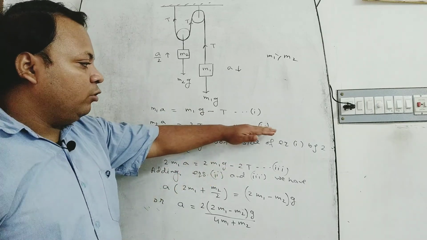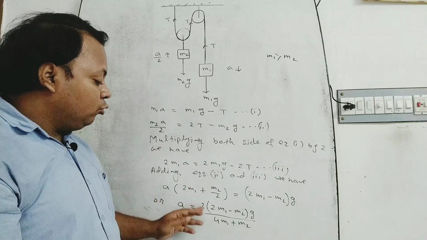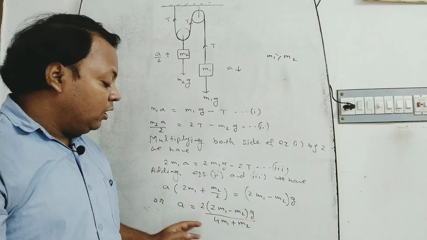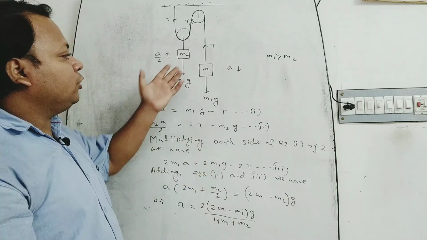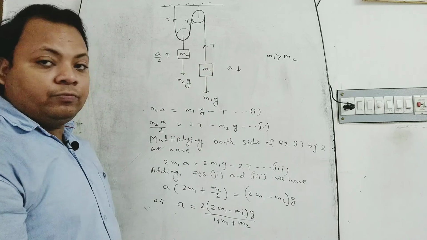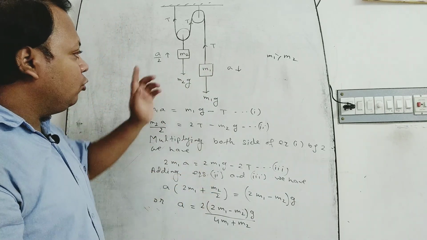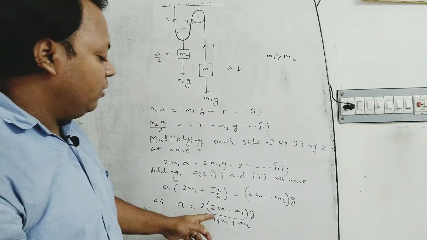Now adding equations 2 and 3, we have a = 2(2m1 - m2)g/(4m1 + m2). This is the acceleration of the first body m1, and the acceleration of the second body is (2m1 - m2)g/(4m1 + m2).